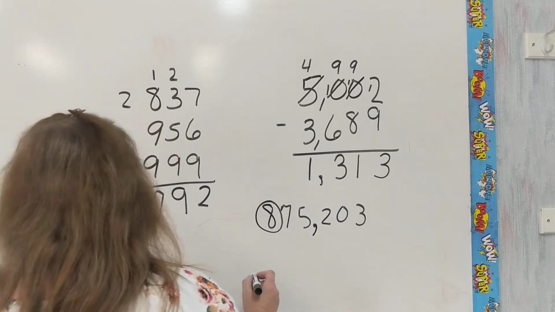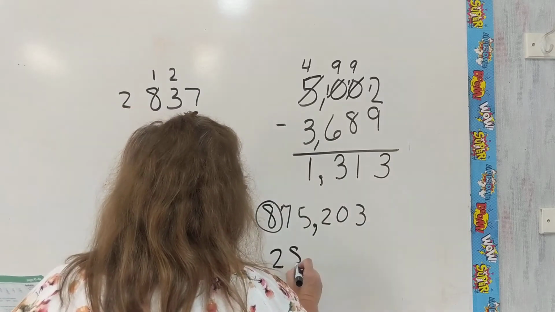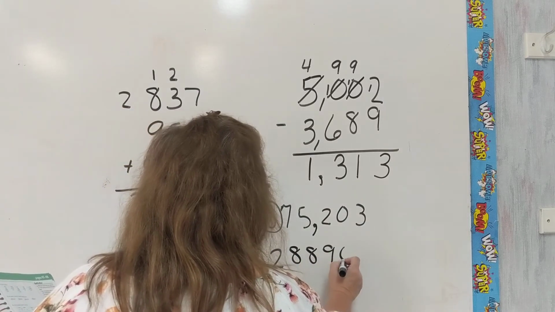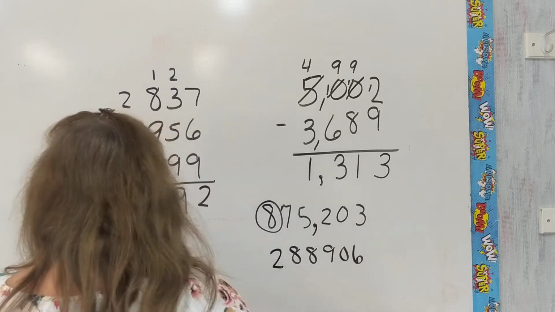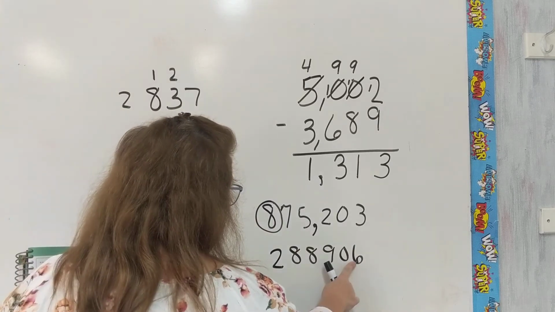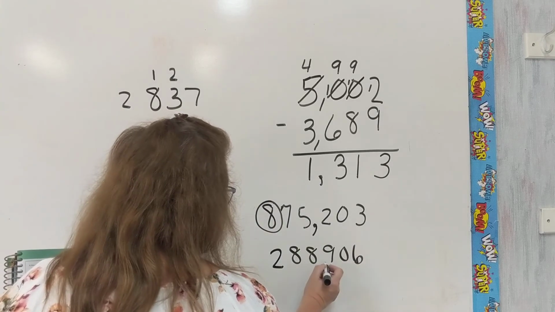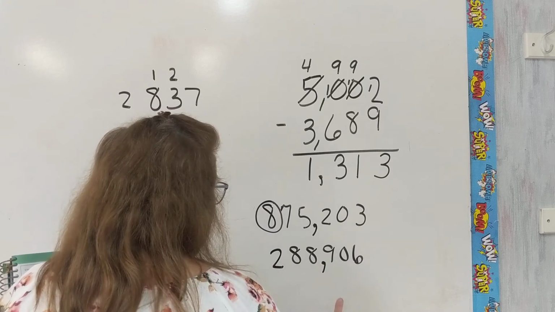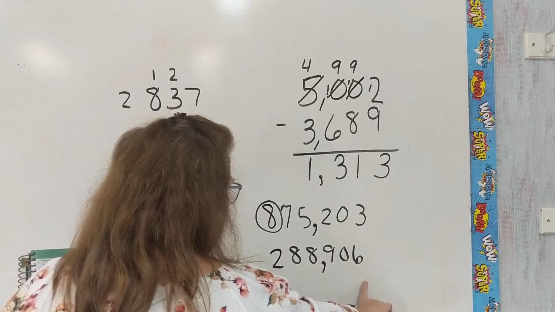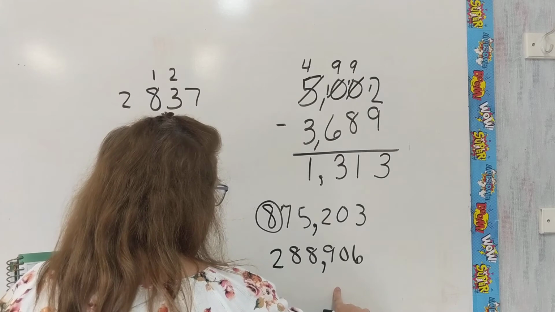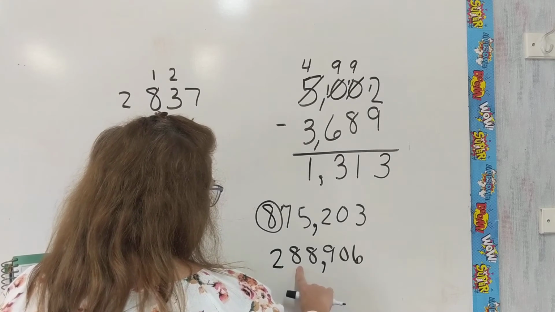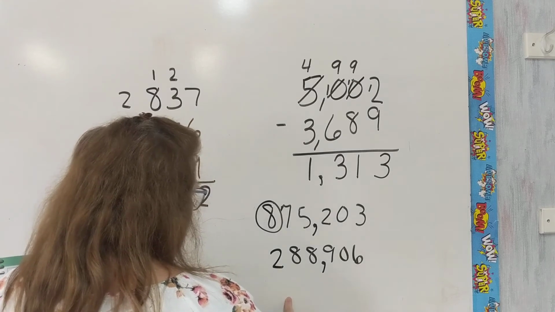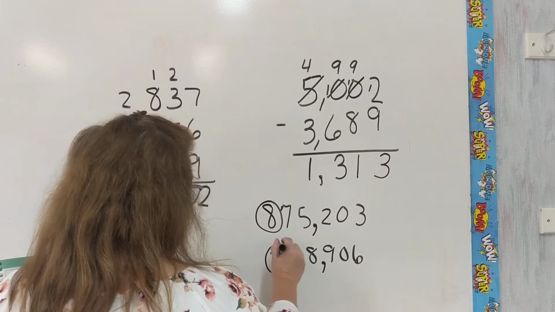For letter B, we have 288,906. So we count over 1, 2, 3. That's always our comma. And now let's say our places. 1s, 10s, hundreds, 1,000, 10,000, 100,000. Very good.